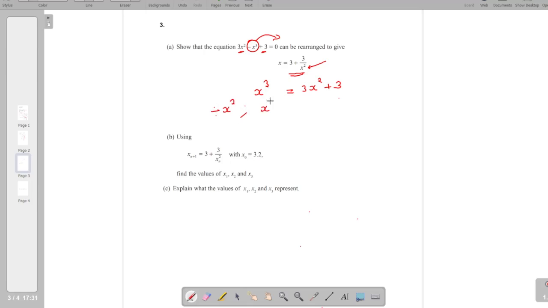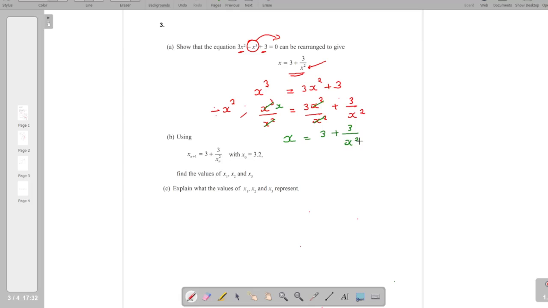So that will be x cubed over x squared is equal to 3x squared over x squared plus 3 over x squared. So we can cancel x squared, and get x is equal to 3 plus 3 over x squared.